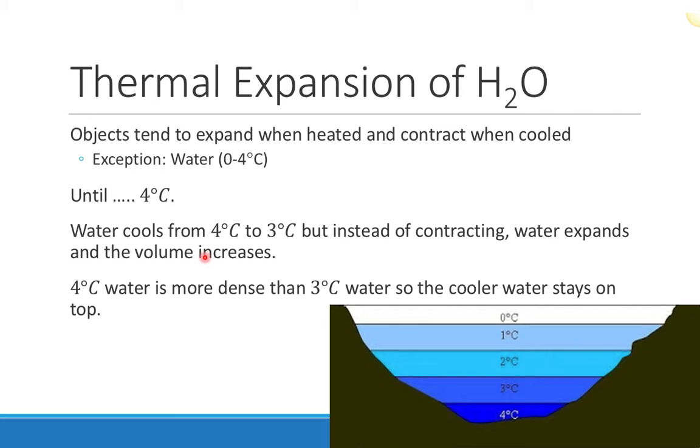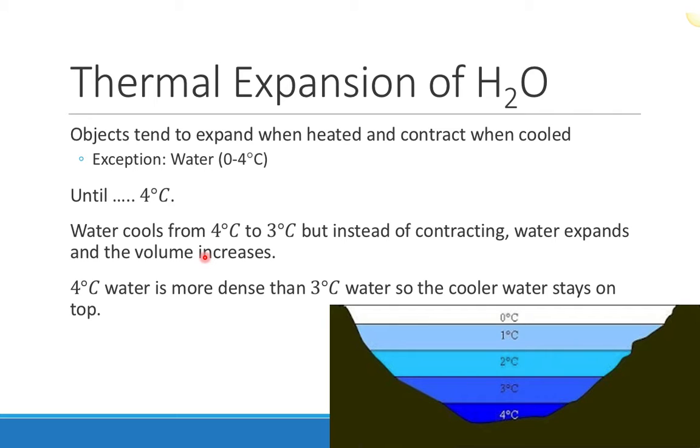On a warm day, the water at the top is very warm and the water at the bottom is cooler. In general terms, as water is cooled, it contracts, so its volume decreases, and as its volume decreases, density increases.